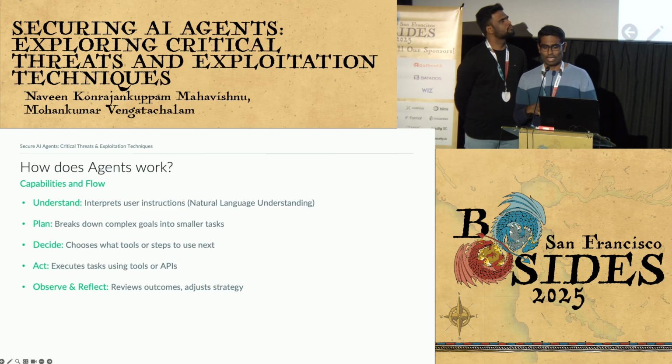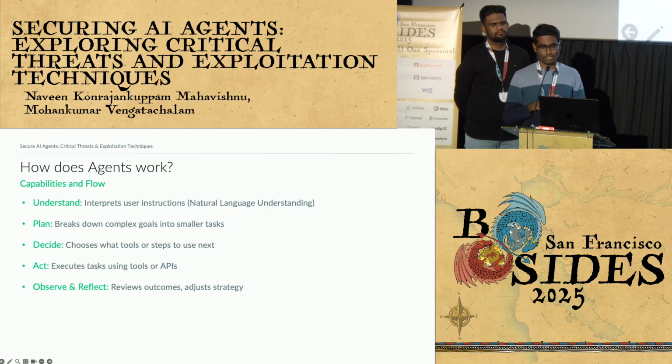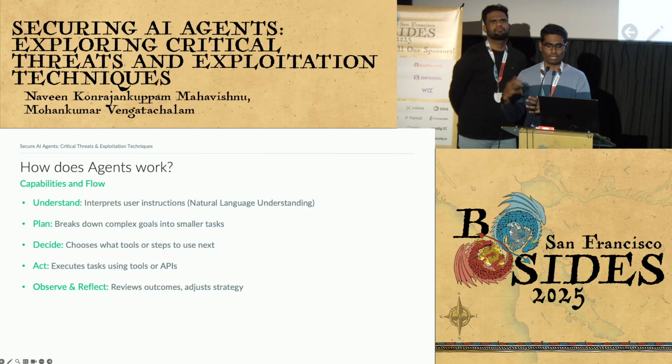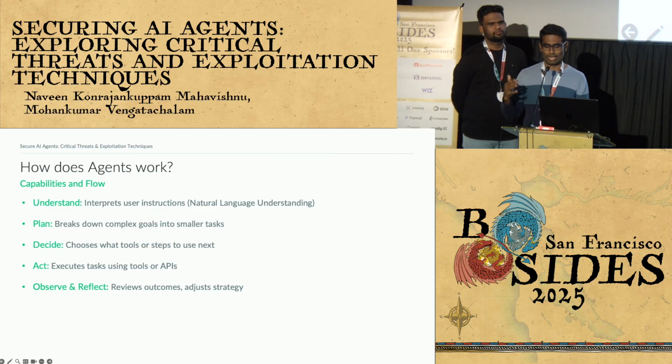Let's break down how an AI agent actually operates step by step. There are five steps in which they operate at a high level. The first one is understanding. The AI agent interprets our instructions using natural language to understand what you're asking and what the end goal is. This can be of any modality: text, voice, or any other modality. Then planning: it breaks down that high level goal into smaller actionable tasks.